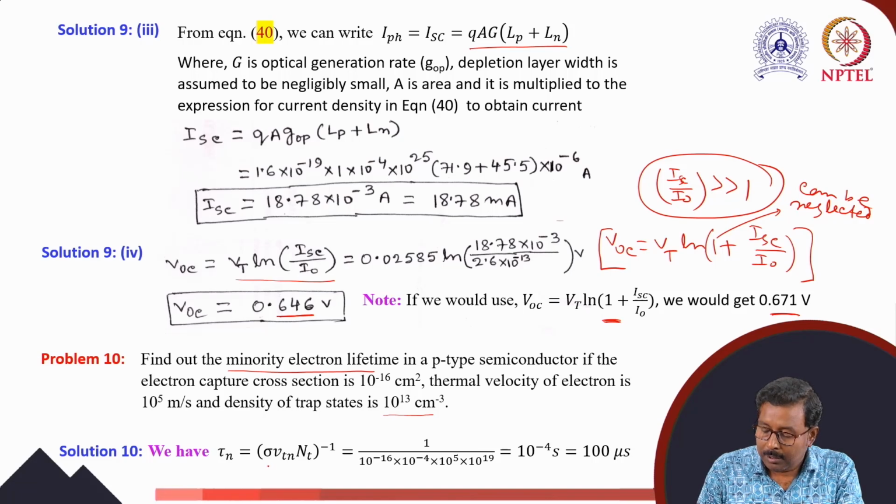Tau n is the inverse of sigma Vtn Nt. Sigma is the capture cross section, Vtn is the thermal velocity, Nt is the density of trap states.